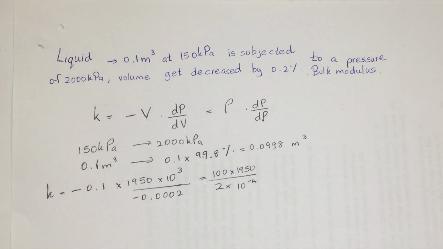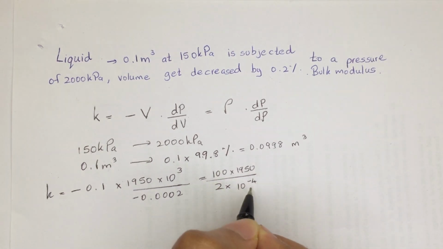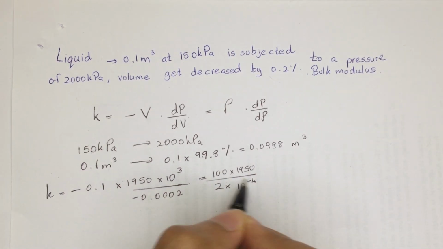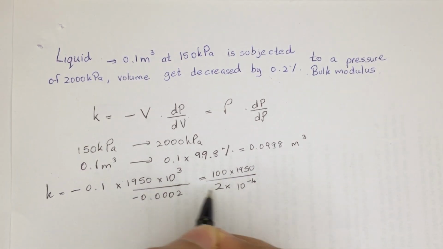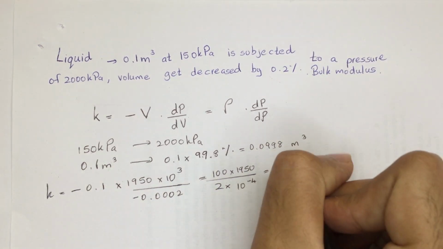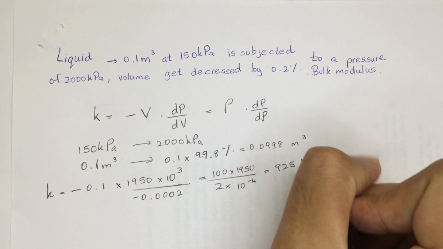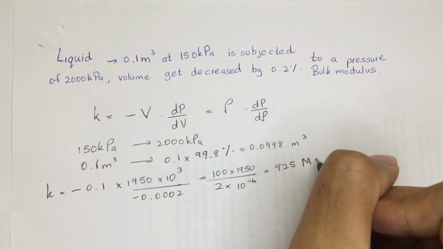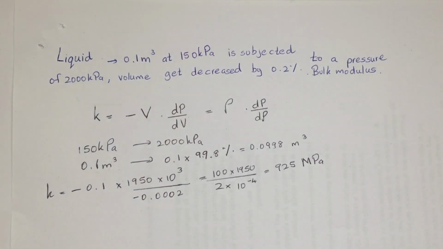So we need to solve these and get the answer. We are going to get a very big answer. Combining the powers of 10, it's going to be 10 to the power 6, and if you divide that, you are going to get 9.75 times 10 to the power 6, which we can write as megapascal. Okay, that would be the answer.